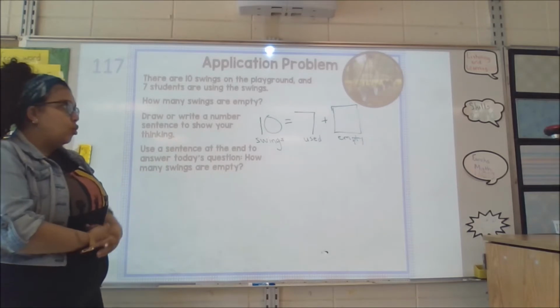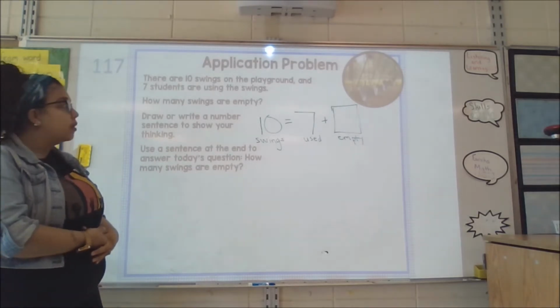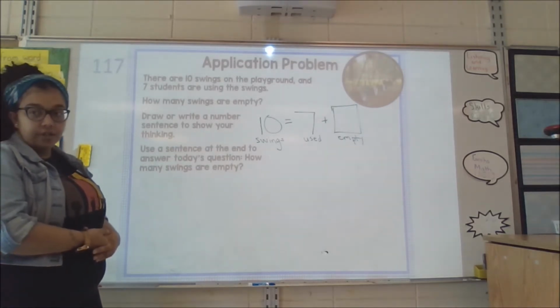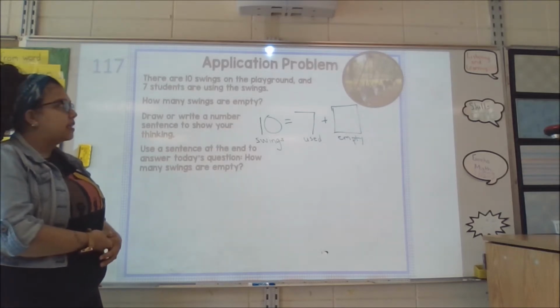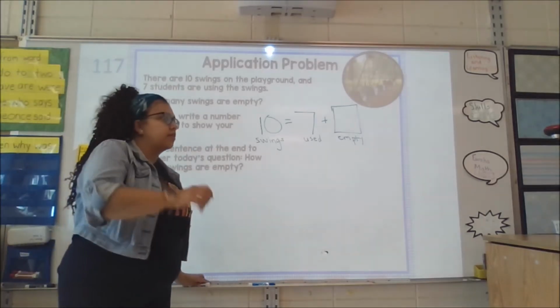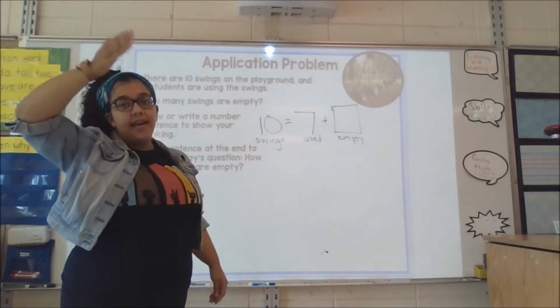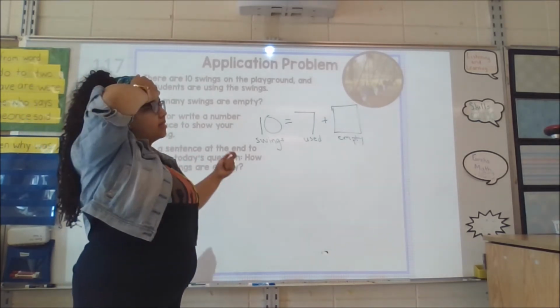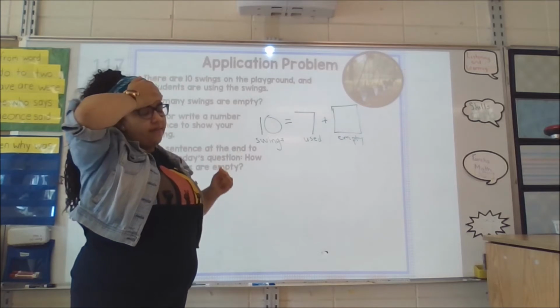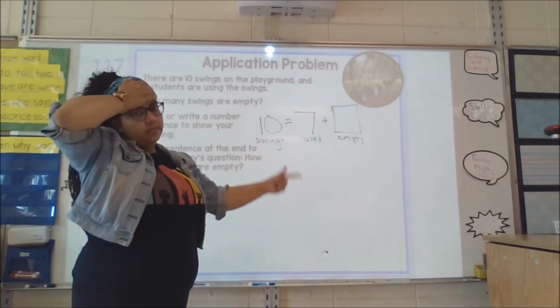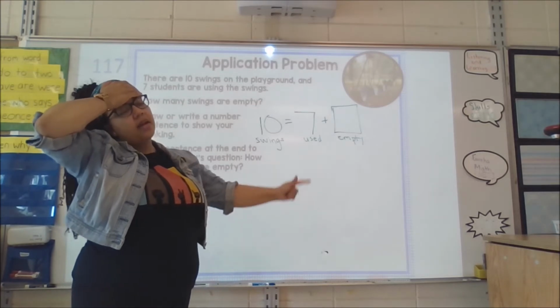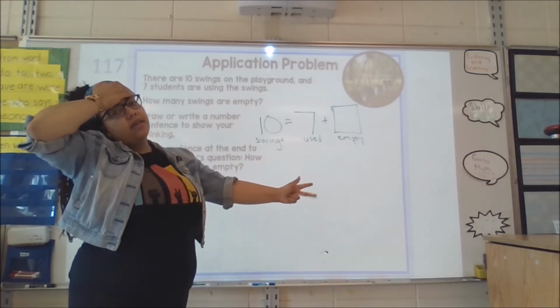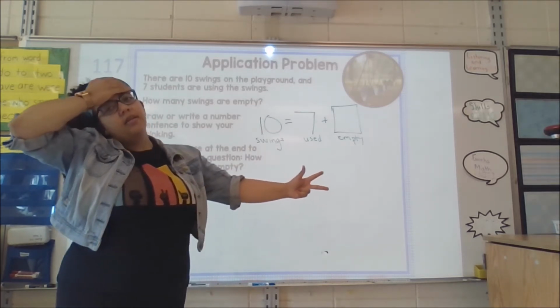Okay, so we can count on. We can draw a picture. We can use our dot cards. Let's count on. Okay, so putting the part we know in our head and then counting up to the whole. So 7. All right. 7, 8, 9, 10. Now tell me how many swings are empty?